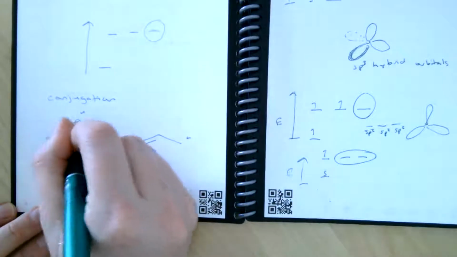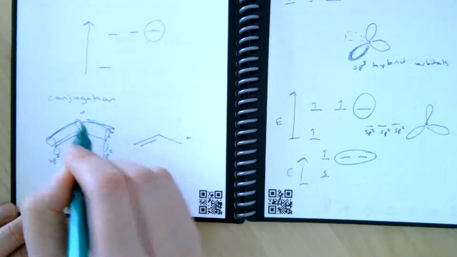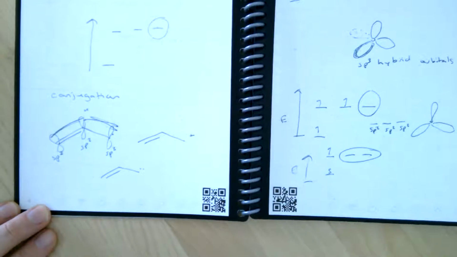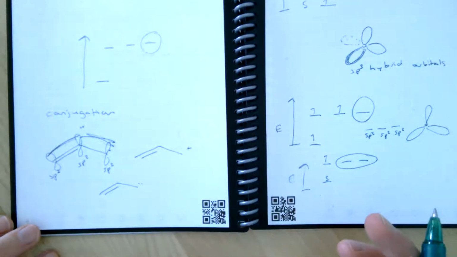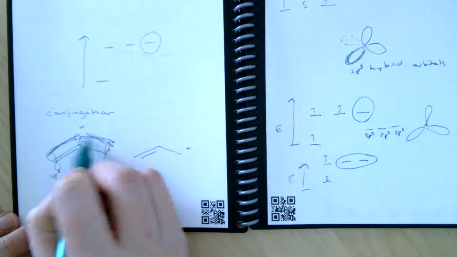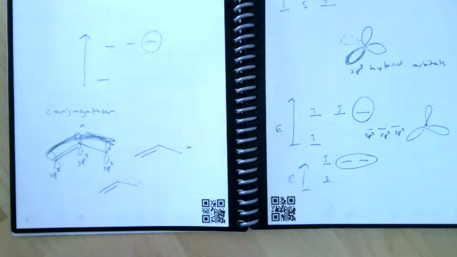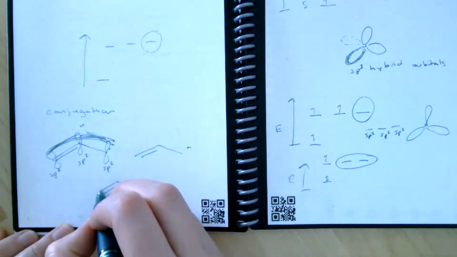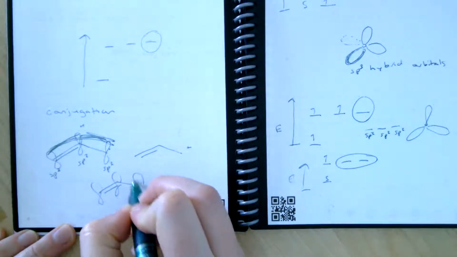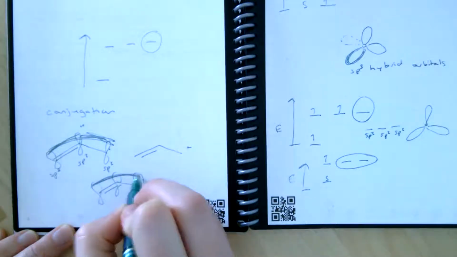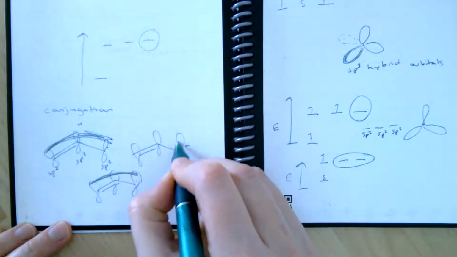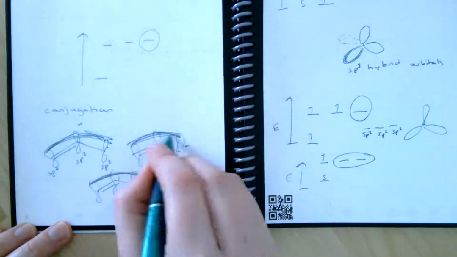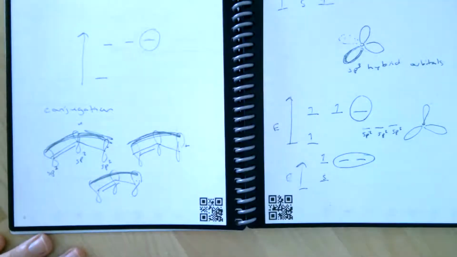So really, instead of there just being a double bond and a radical off by itself, the radical is in conjugation with the other two p or pi orbitals, meaning that it's spread evenly around these three, so it's stabilized in that way. Same thing here, if there's a carbanion, it's stabilized. And here, if there's a carbocation, it's stabilized. The electrons can be evenly shared between those p orbitals.